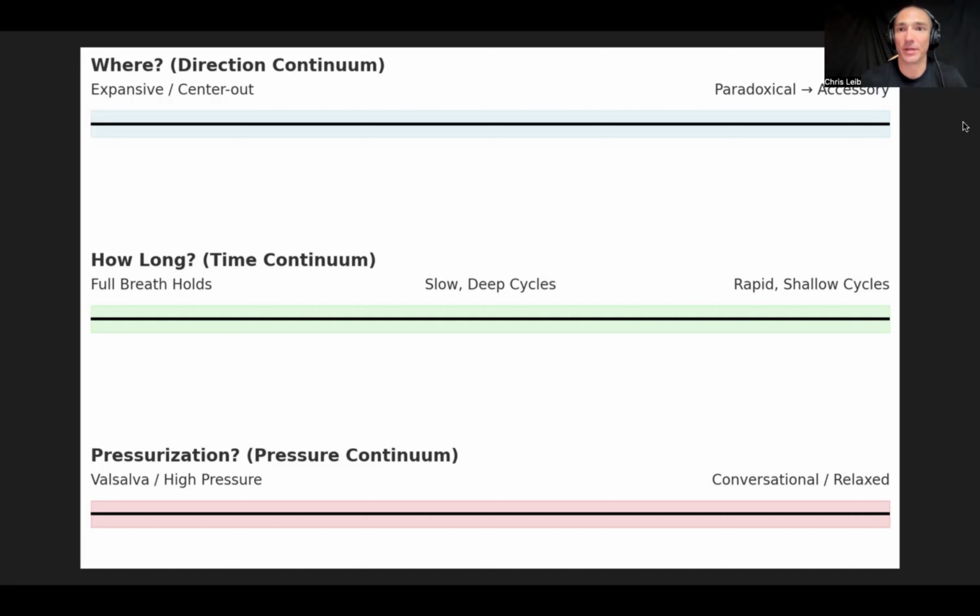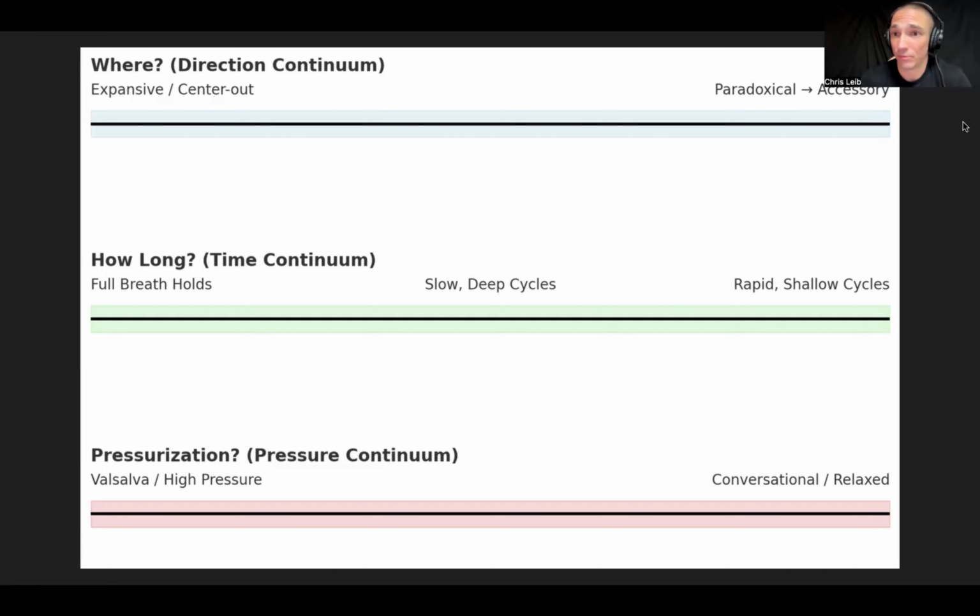Now, typically we're rarely going to train people towards a paradoxical or accessory breath or towards rapid or shallow cycles, but there are purposes for doing that. We just tend to do this more instinctually. The one time I can think of is where we might actually cue someone to be a little bit more rapid and shallow with their breath is if we wanted to really stimulate.